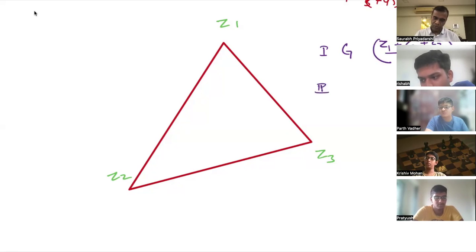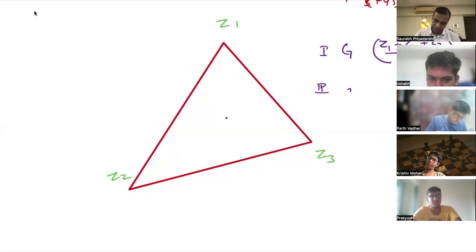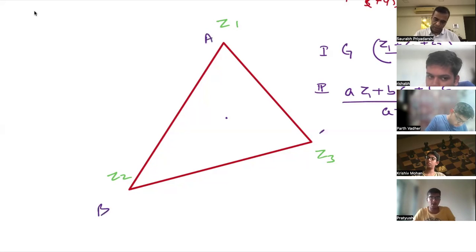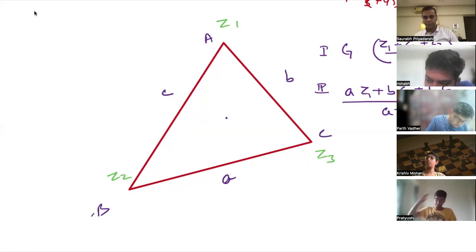And the second formula is for the incenter, that is (A into Z1 plus B into Z2 plus C into Z3) upon (A plus B plus C), where A, B, C are the lengths of the sides of the triangle. This is called the incenter I, right?